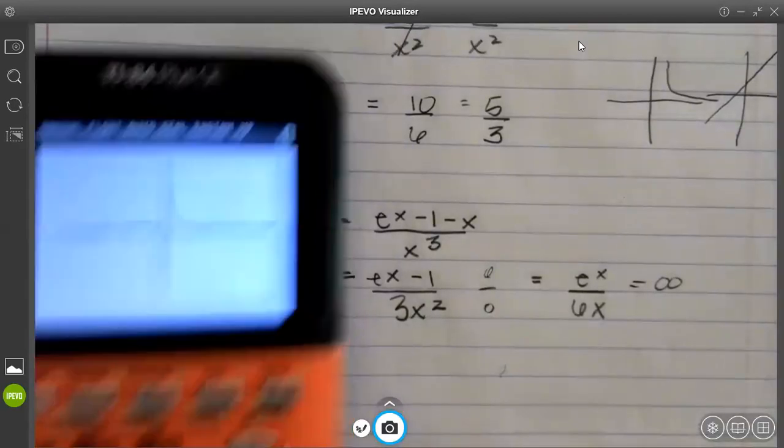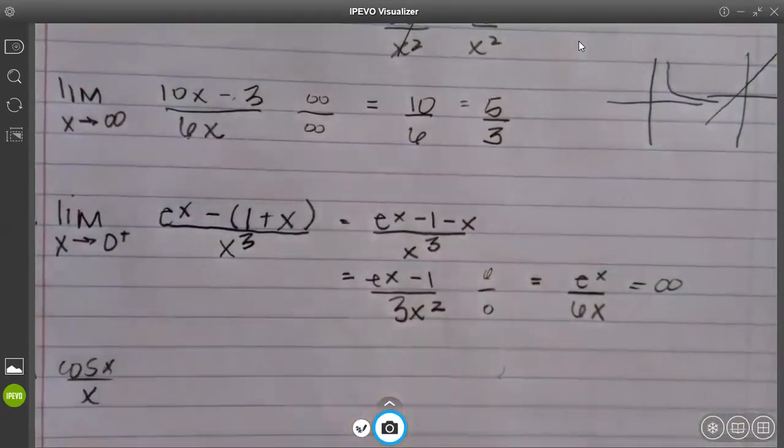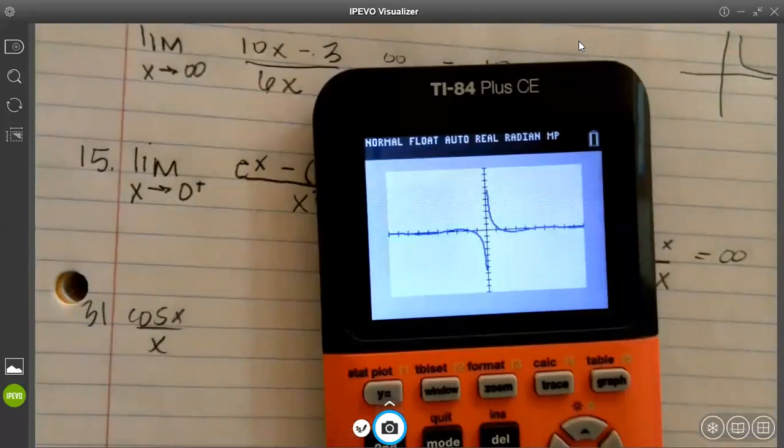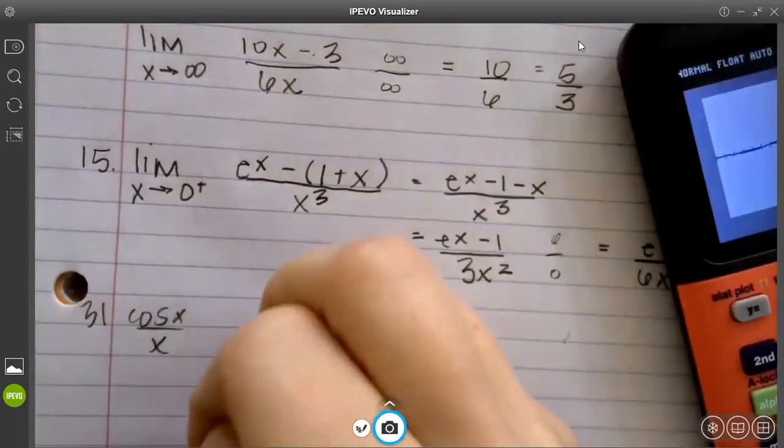All right, so when we graph this, cosine x over x, this is what it looks like. So what is this graph gonna do? What does a cosine graph do anyway? Yeah, so it fluctuates, right? So this is gonna do the same thing, but this one is the squeeze theorem.